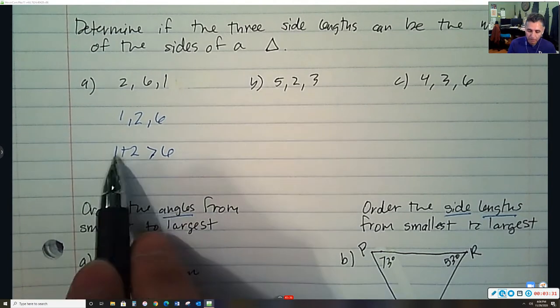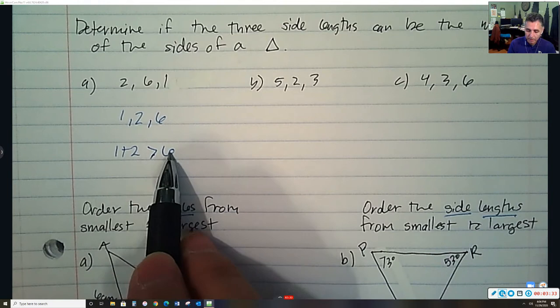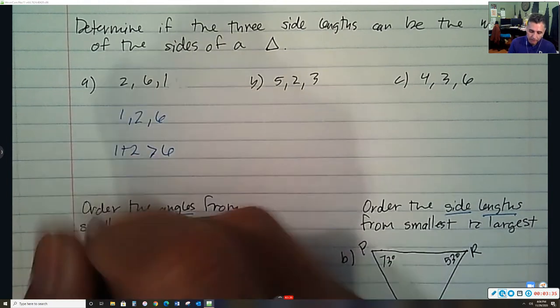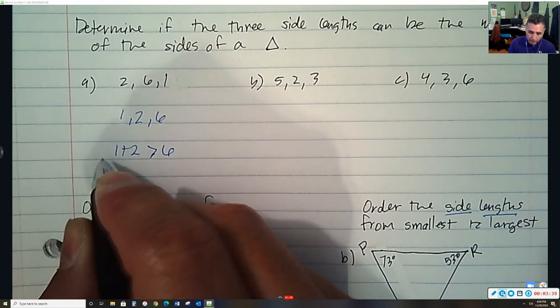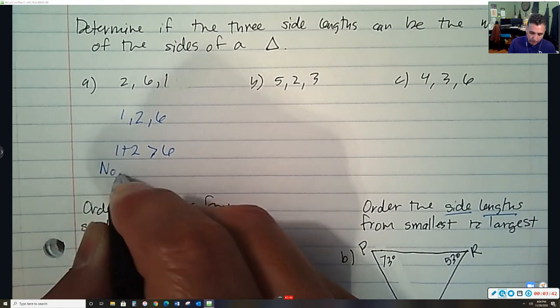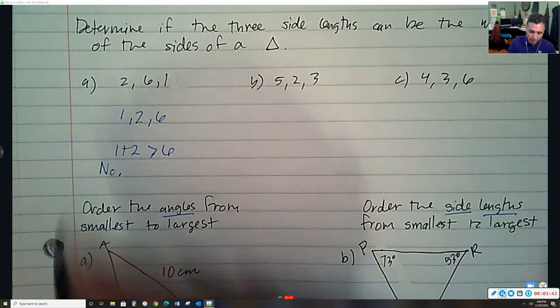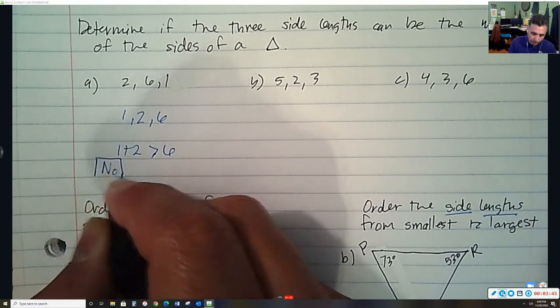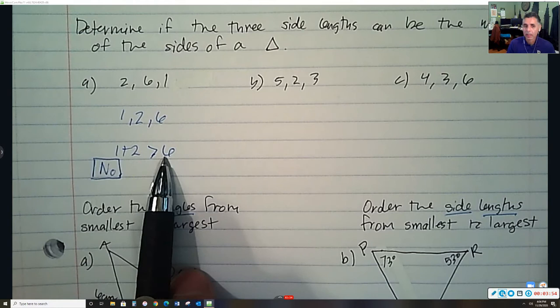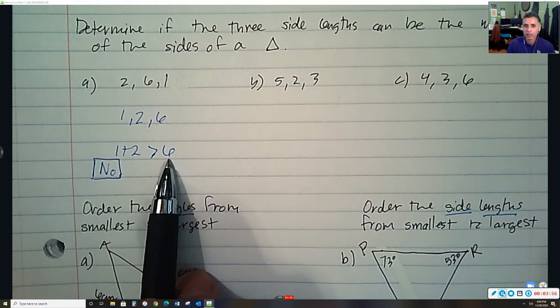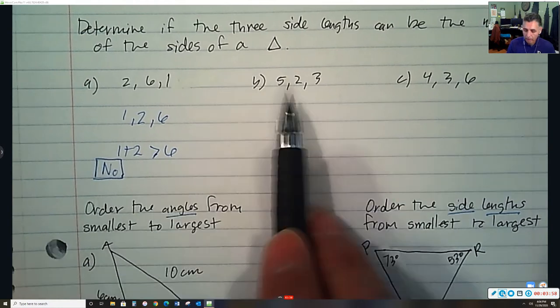So here we have 1 plus 2 is 3. 3 is not bigger than 6, so no, they cannot be the side lengths of a triangle. And I'll let you get away with just putting no. They can't, because 1 plus 2 is not bigger than the third side length. Here's a different one.